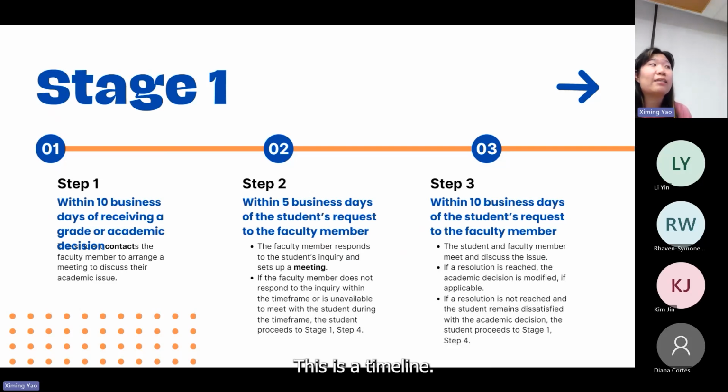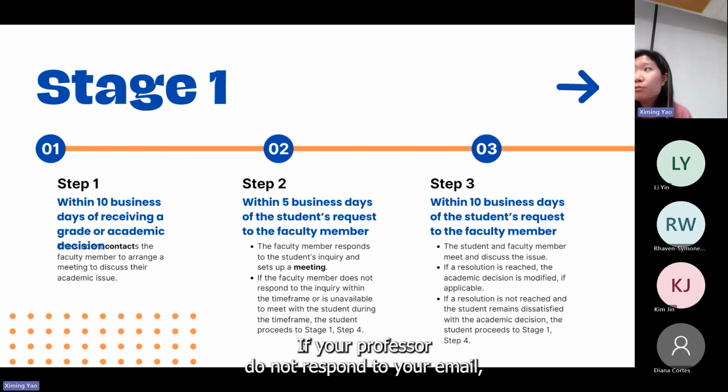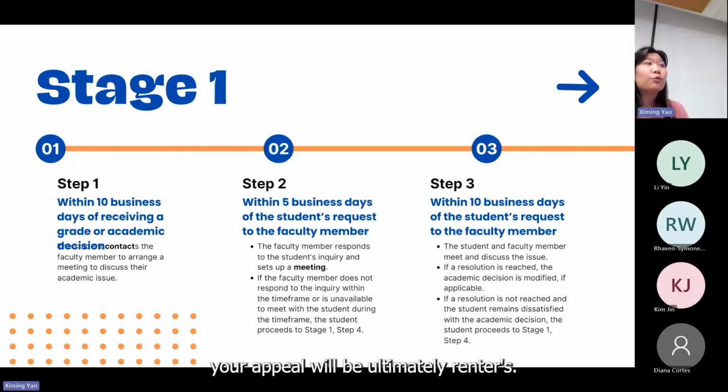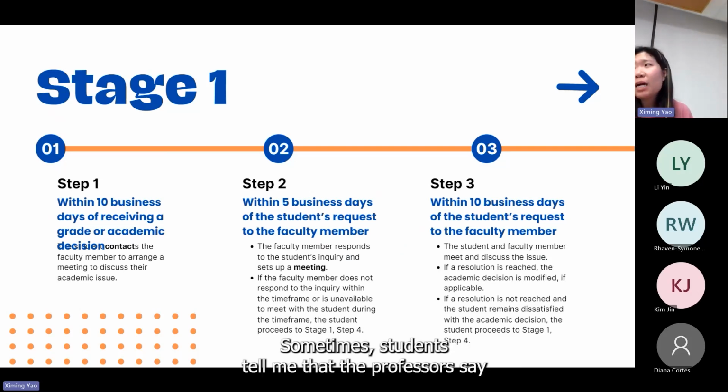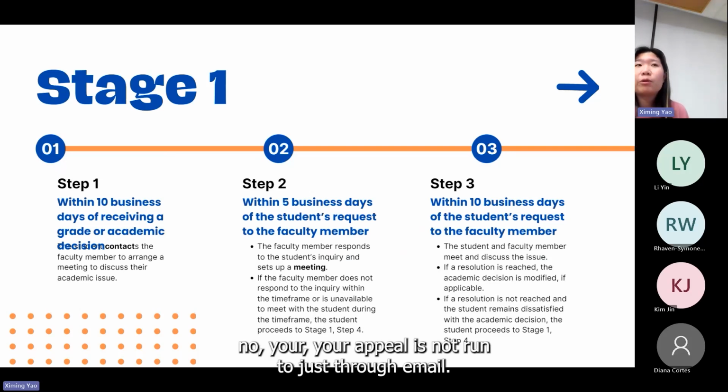This is the timeline we were speaking about earlier. If your professor does not respond to your email, your appeal will be automatically granted. The faculty member responds to the student's inquiry and sets up a meeting. Sometimes students tell me that their professor says, no, your appeal is not granted, just through email.